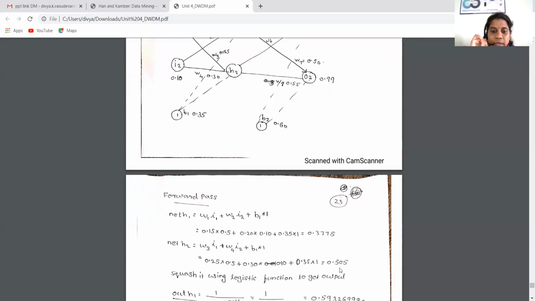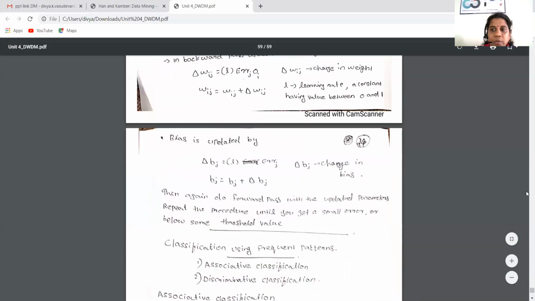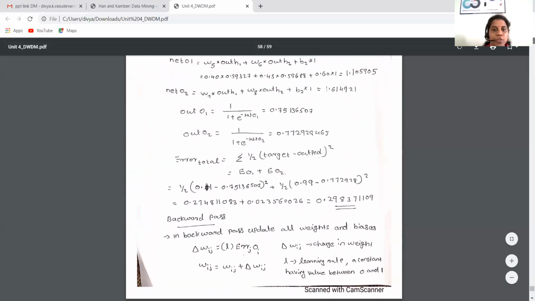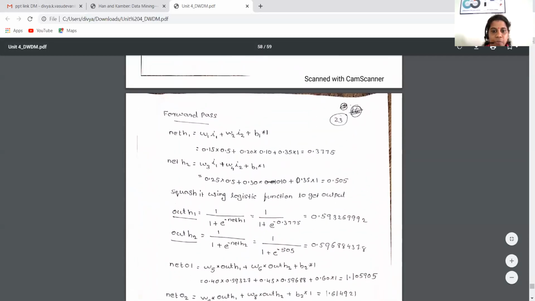Now, whatever net H1 and net H2 we got, we need to squash those values. For squashing purposes, we can make use of any function. Here I used a logistic function to get the output.